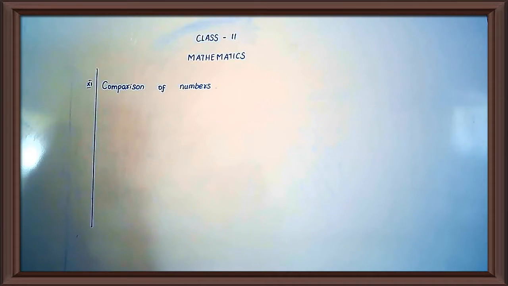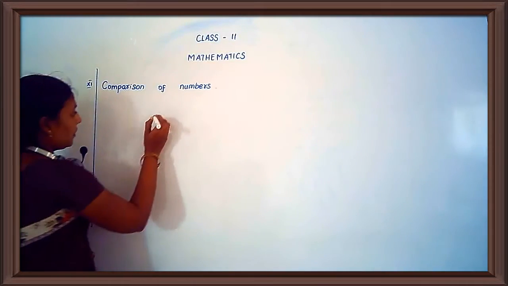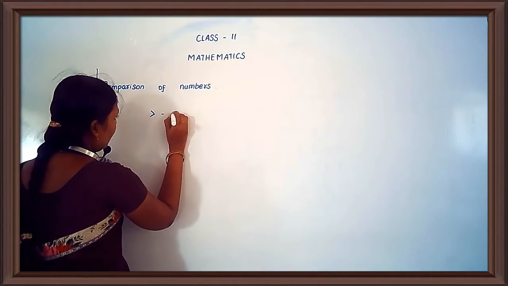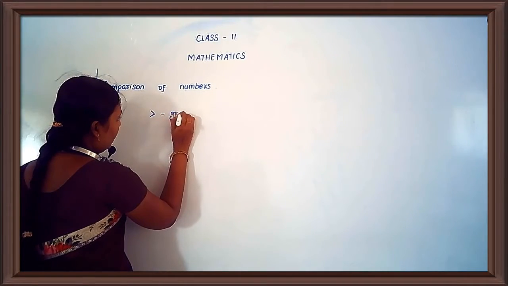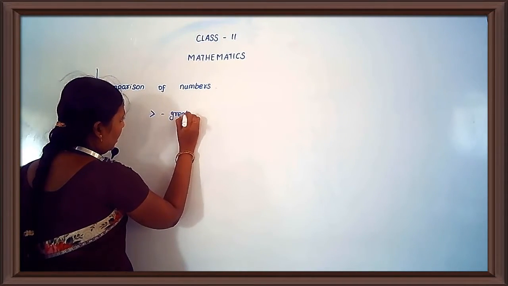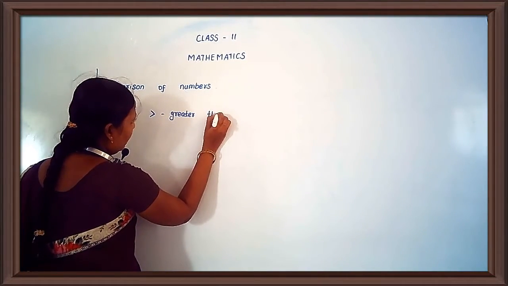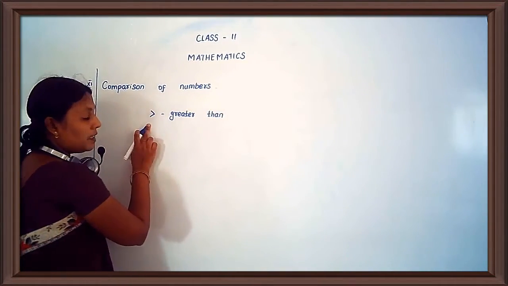Comparison of numbers means we have to use 3 symbols. The first one is greater than. What is this symbol?